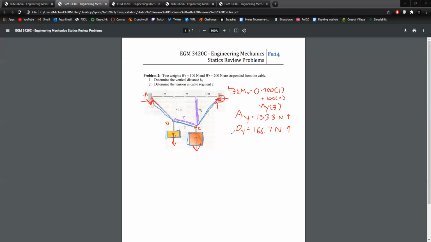So now that we have our reactions, we can actually start going into our cables.